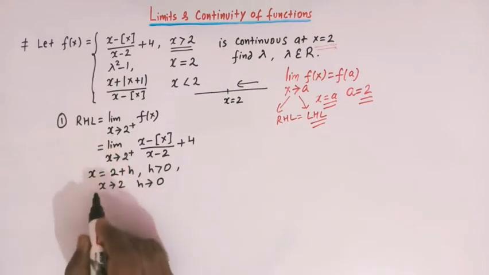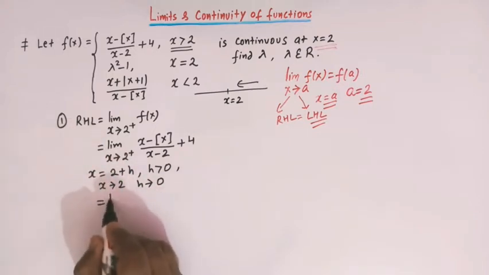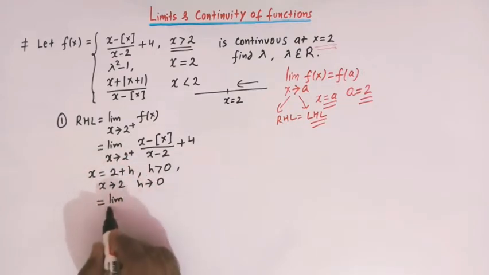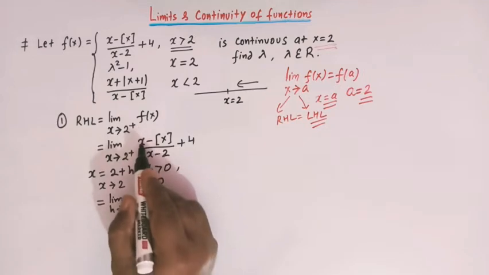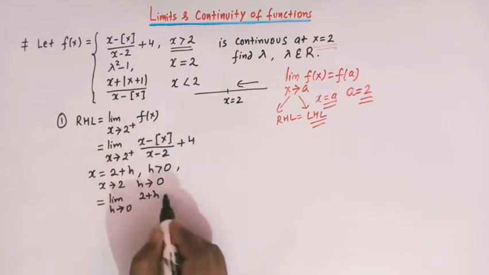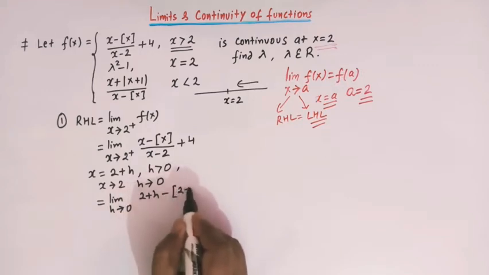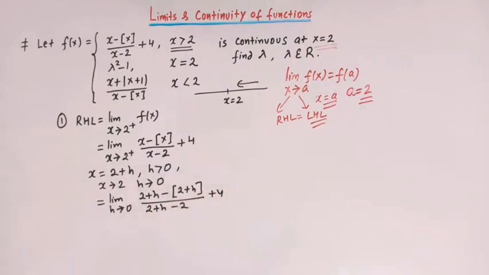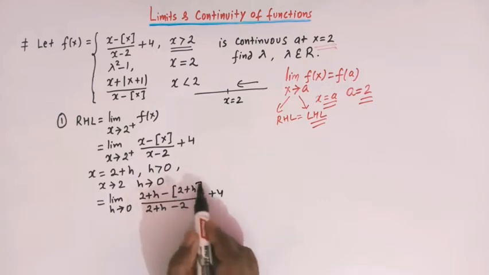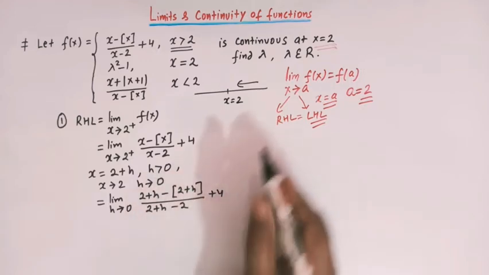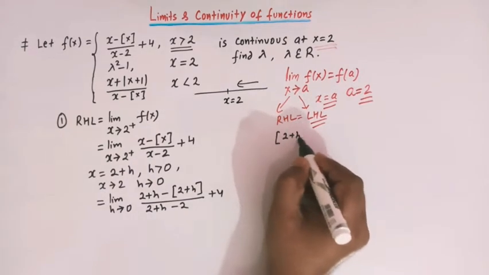Now the right hand limit is given by limit h tends to 0, where for x we write 2 plus h. So here we have (2 plus h minus greatest integer of 2 plus h) divided by (2 plus h minus 2) plus 4. Now we have to assign the value to the greatest integer of 2 plus h.